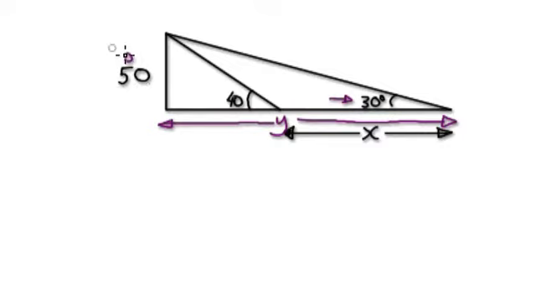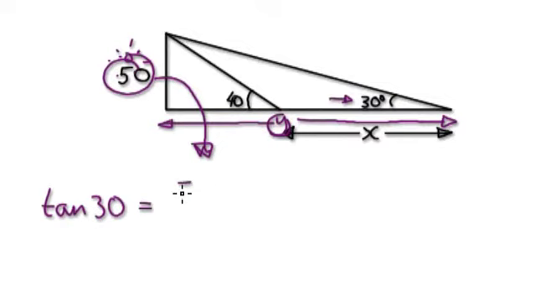So with our imaginary sun here, this is a different sun, this is our imaginary sun. We want to know this, and we've been given this and this, so it will be a tan. So tan 30 equals 50 over y.